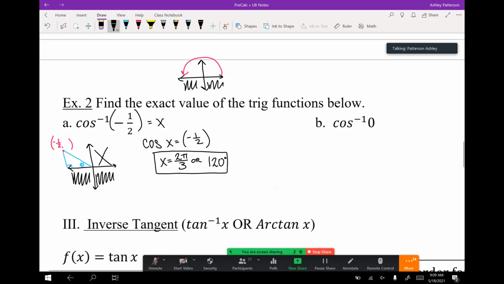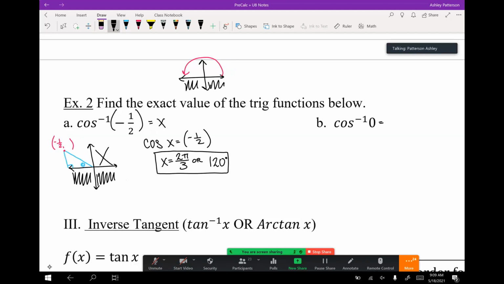All right, take a look at B. What angle measure is going to give us a cosine of 0? Again, think about your restrictions. We are not in the third or fourth quadrant here. We are only existing from 0 to pi. Where is cosine 0?